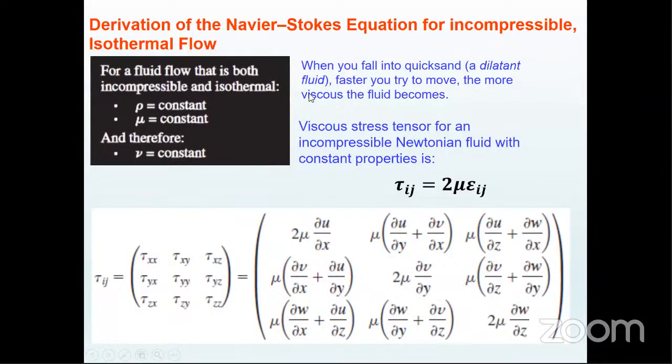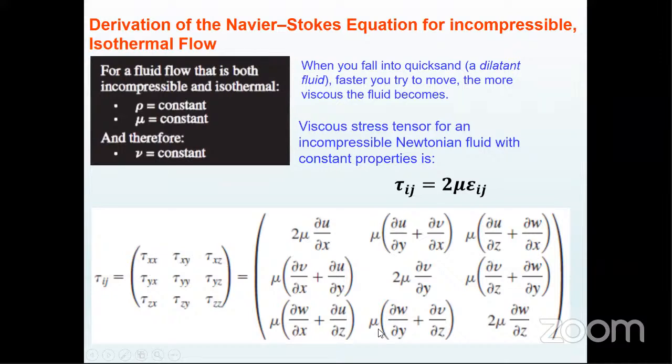The viscous stress tau ij for any incompressible Newtonian fluid with constant properties can be represented as 2 times this isothermal viscosity mu times epsilon ij. This tau ij can also be represented as a tensor, a matrix of tau xx, tau xy and so on.